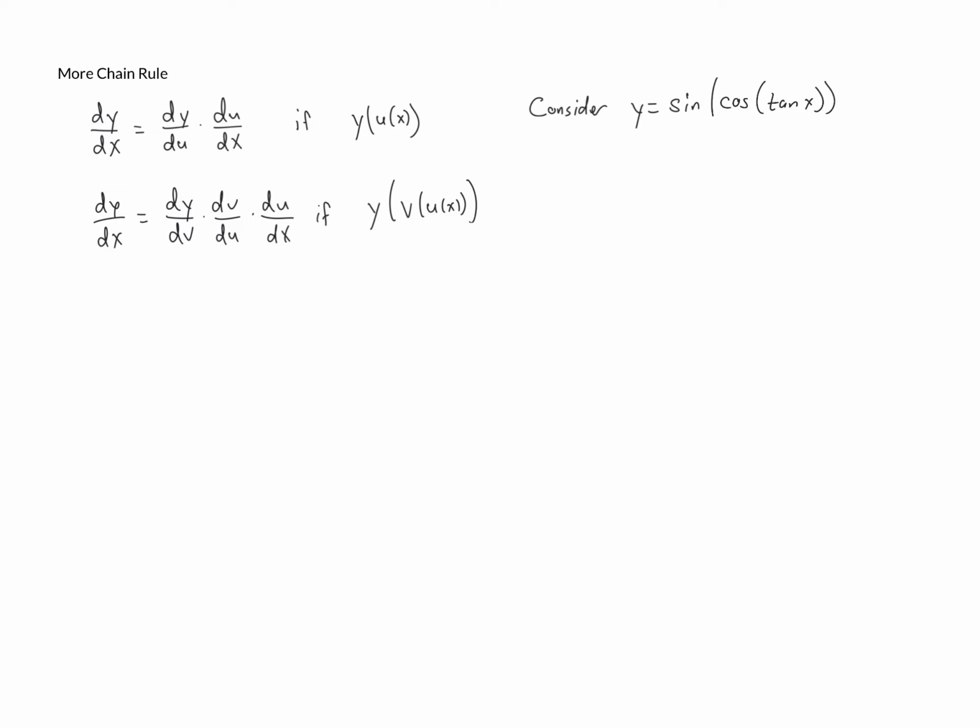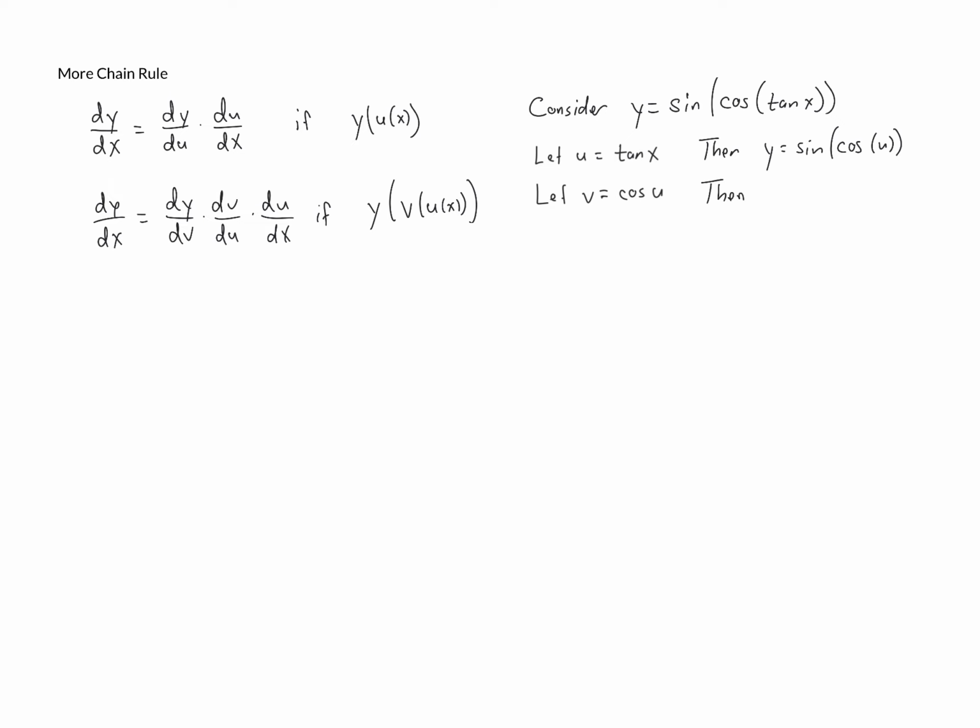So what we would do here is we would start with the inner function with our substitutions. Let u be tangent of x. Then when we do that, we've got y equals sine of cosine of u. Then we can let v be the new inner function, cosine of u.